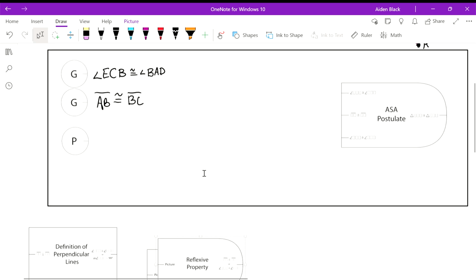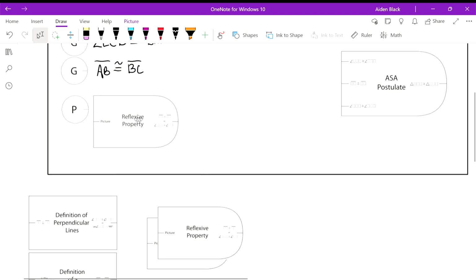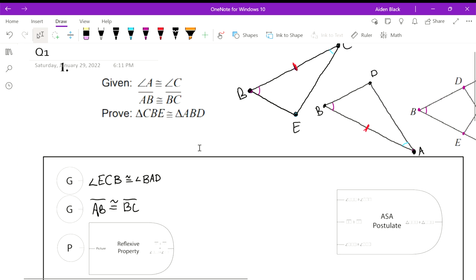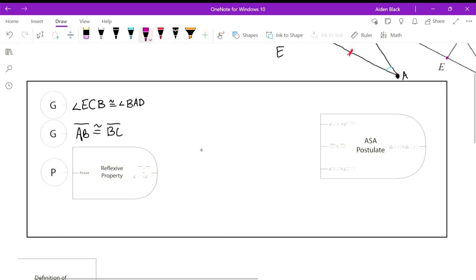So I'm going to bring this up right next to P, picture. By the reflexive property, it just basically states like Mr. Black is Mr. Black. Just saying something is itself, essentially.